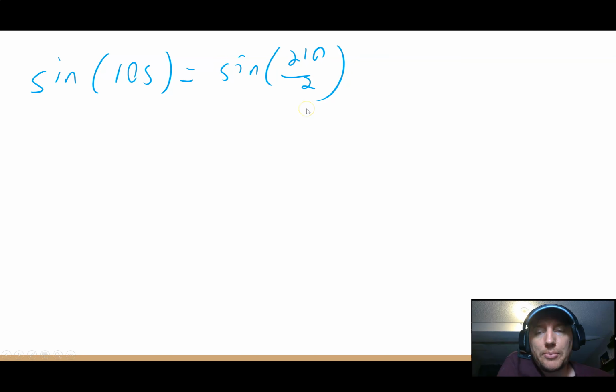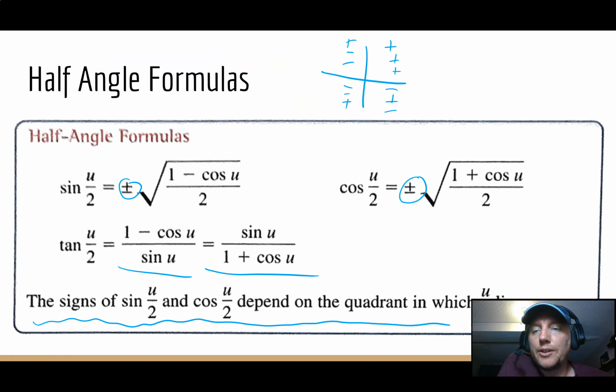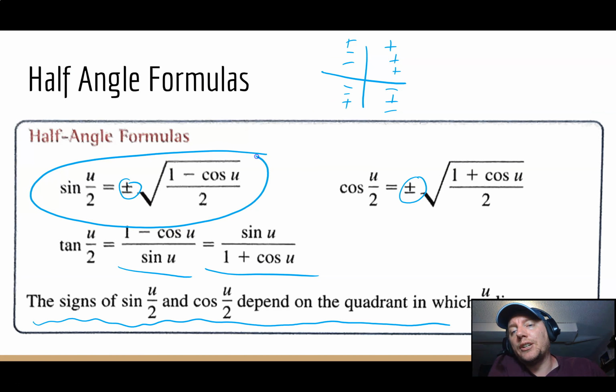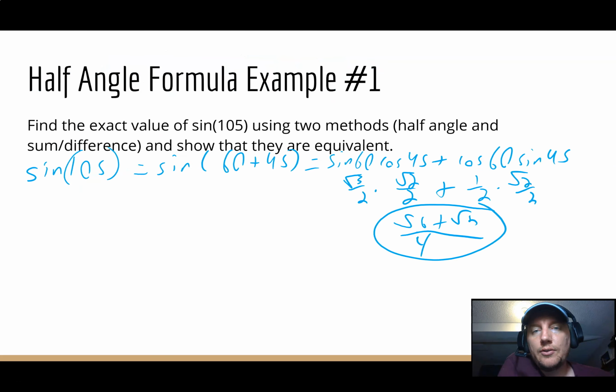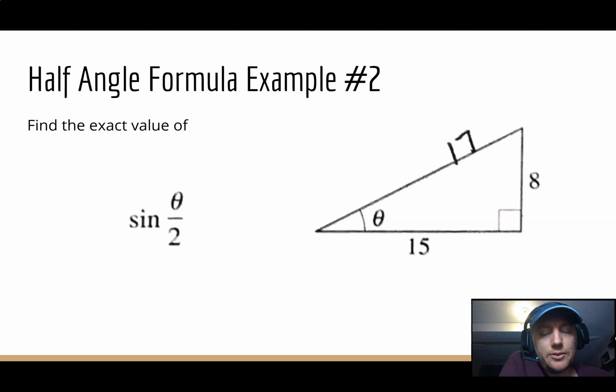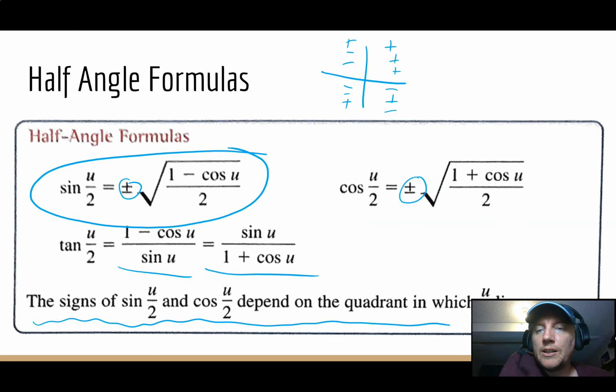So going back to our half angle formulas, we got this right here. Sine 105, first of all, is over here-ish, which means sine will be positive. So I've got positive square root of 1 minus cosine u over 2.